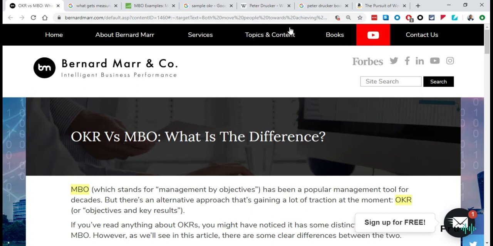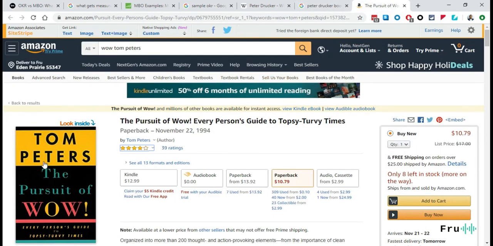So guys, I'm going to leave a link to this book that I recommended below, Tom Peters, The Pursuit of Wow. A great book. I think every 2 or 3 years I come back to this book to read, just because of how powerful it is. If you have any aspiration to go beyond being an individual contributor to being a manager, a leader, or just achieving more, for your customers, for your business, for your organization, this is a must-read book.